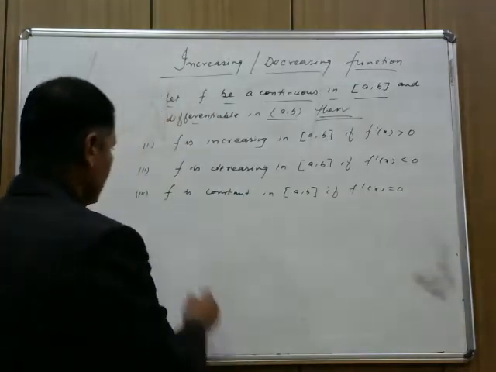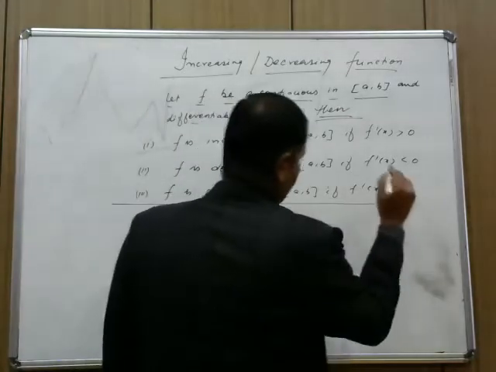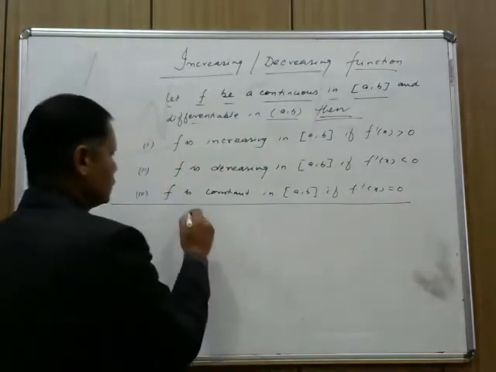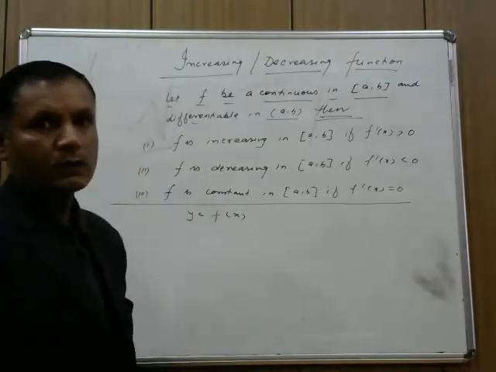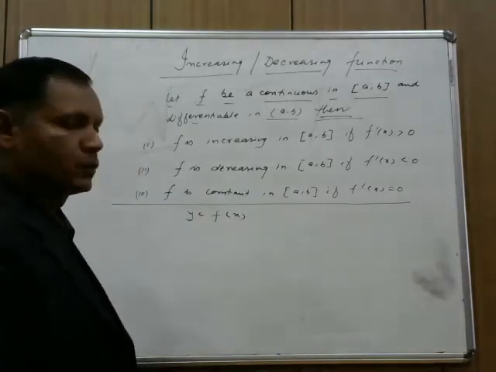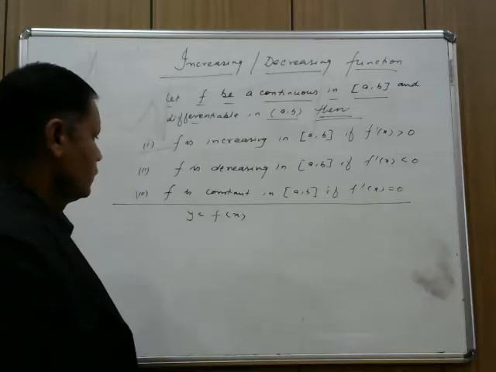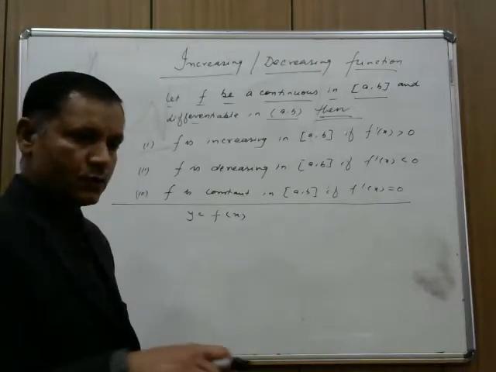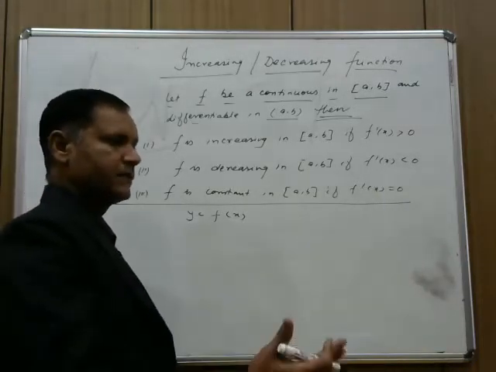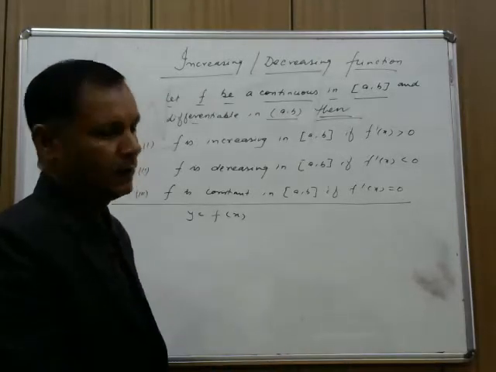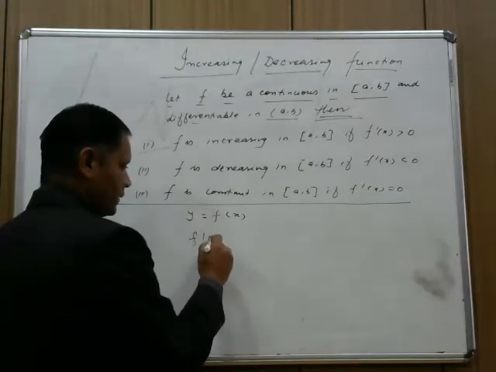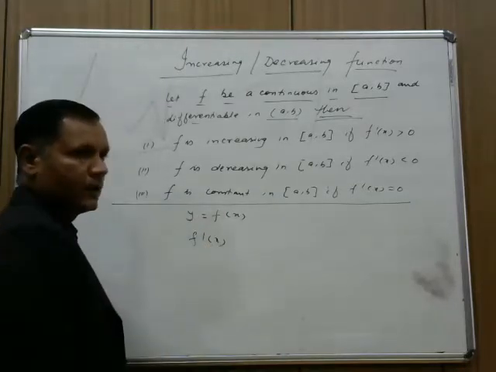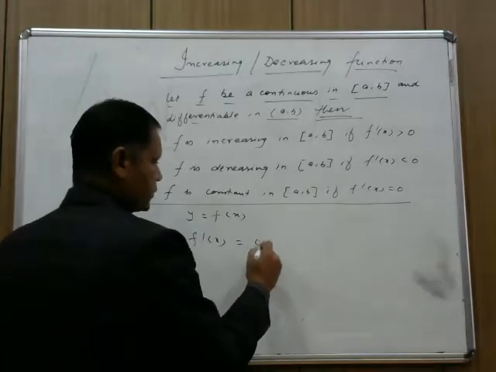Now the conclusion we have, for any function y is equal to f of x, I am talking about the working rule, what to do and how to find out the answers to the two questions, whether you have to find the interval or show whether the given function is increasing or decreasing in the given interval. So for y is equal to f of x, find f dash of x, and put f dash of x equal to 0.